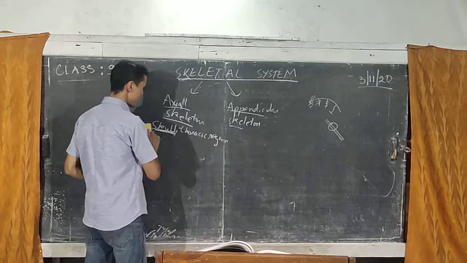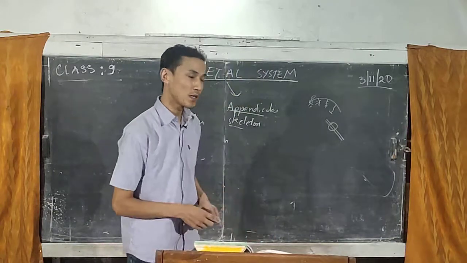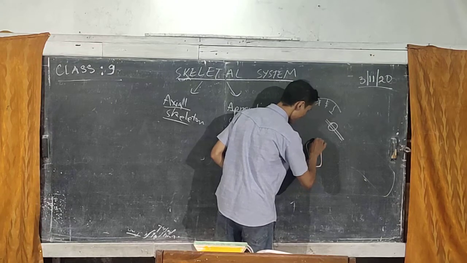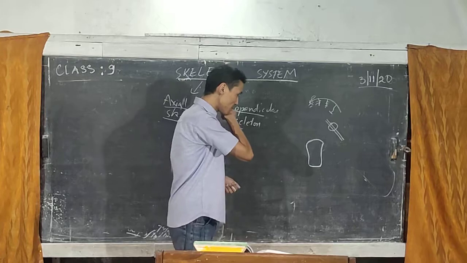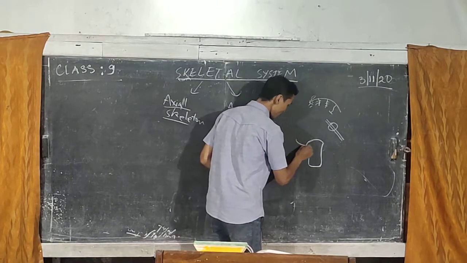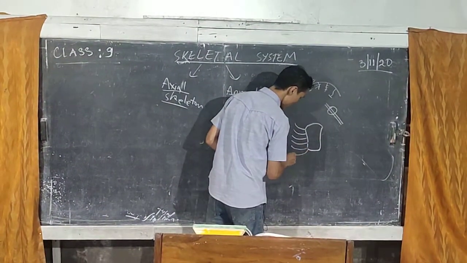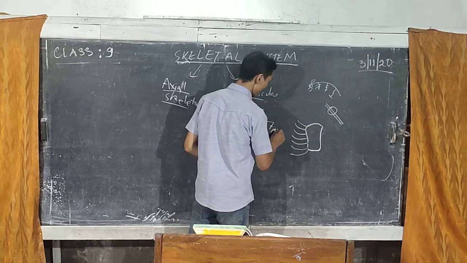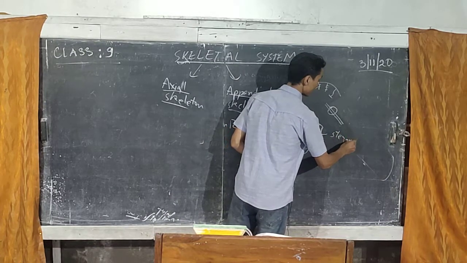Next, the thoracic region consists of a flat chest bone in the front, also known as the sternum, and it also consists of the ribs. There are 12 pairs of ribs. The first 7 pairs of ribs are connected with the sternum.